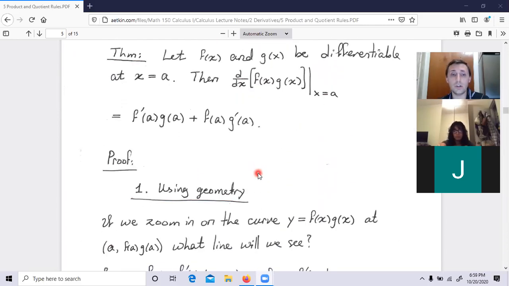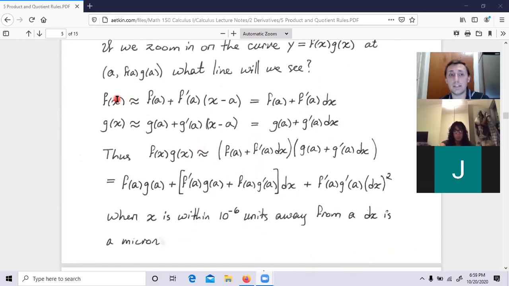So the functions f and g are differentiable, which means that if I zoom in on the graph of f and on the graph of g at some point a, I will see the equation of a line. It doesn't matter if I calculate it or not. That's not my point. I'm just trying to figure out the relationships between the derivatives of f and g and the derivative of the product.